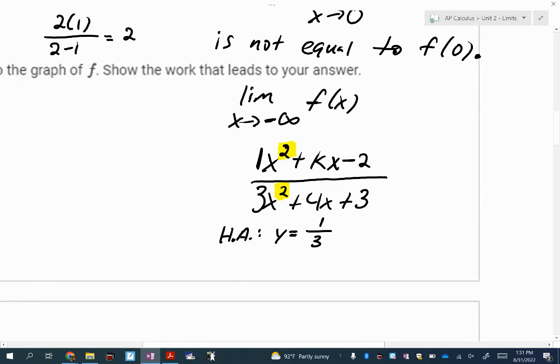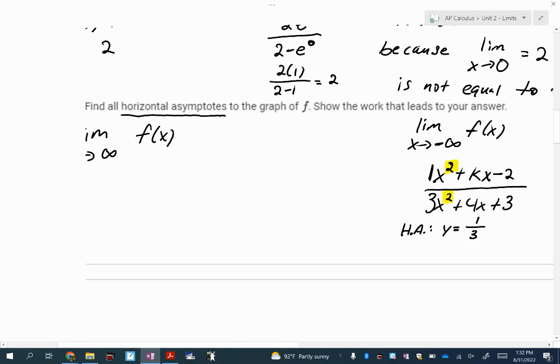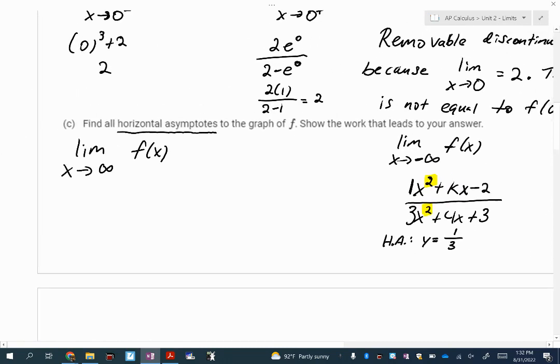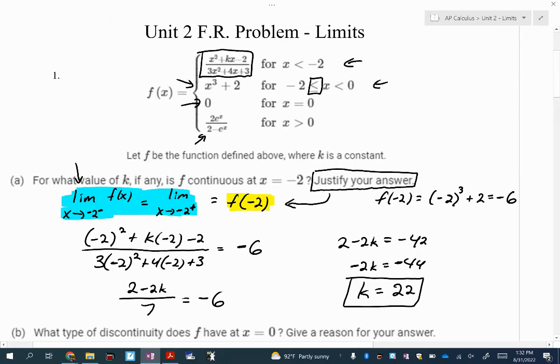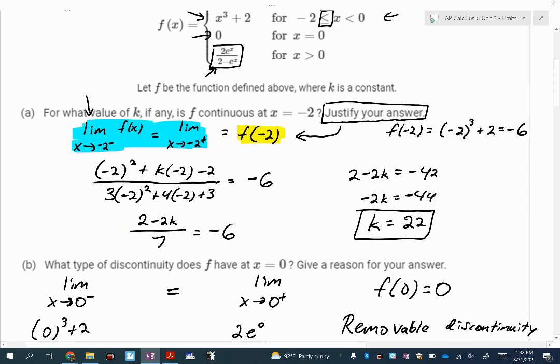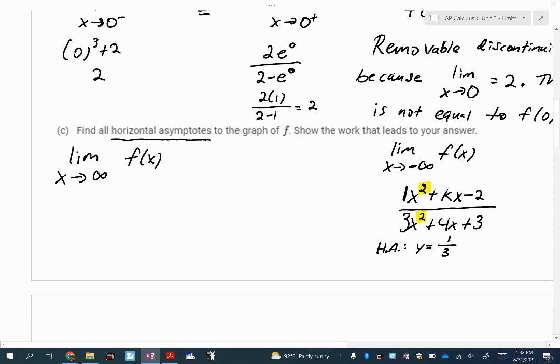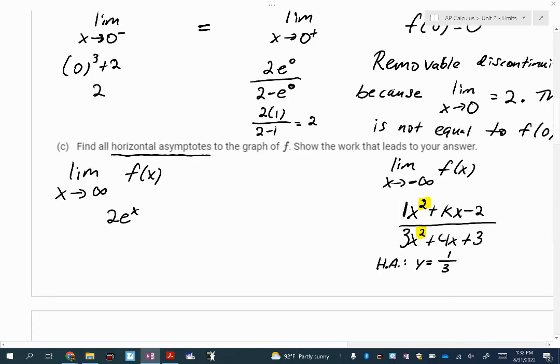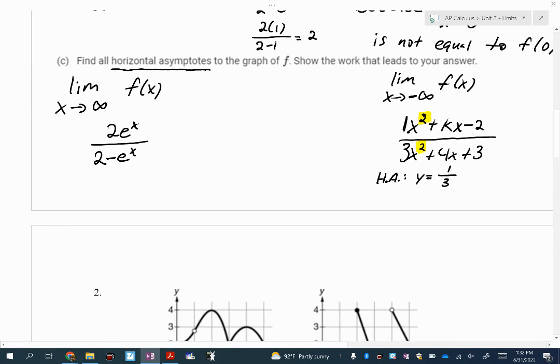All right. Let's talk about the other one. The other one is when you're approaching positive infinity, which would be my last piece because we want values moving to the right forever. So I'm going to write down 2e to the x over 2 minus e to the x. Now I'm going to do a little factoring here.